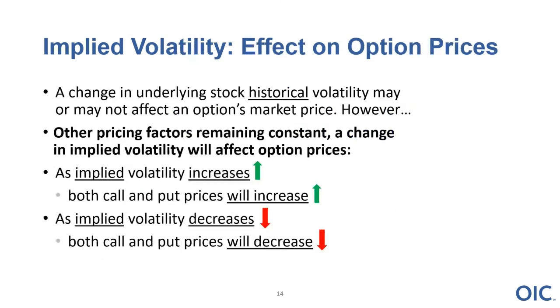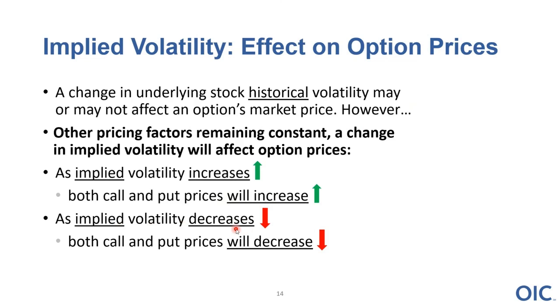Now, let's look at the effect on prices. Again, it might be intuitive to interpret that everything remaining constant, as implied volatility increases, then the expected range of prices from top to bottom, from today until expiration date, would widen. The potential prices on the upside and the downside both increase. Higher prices are possible, lower prices are possible, and therefore both call and put prices would increase.